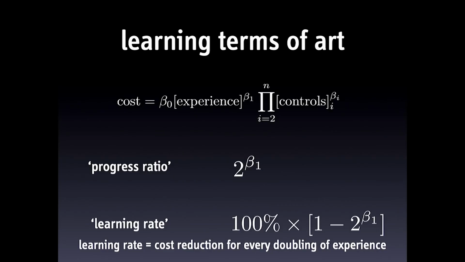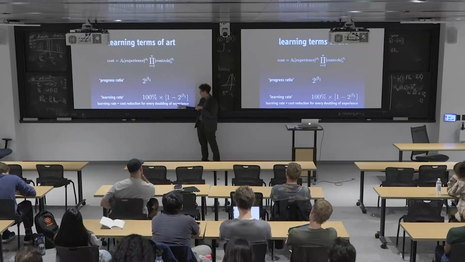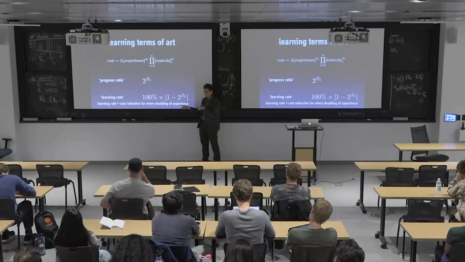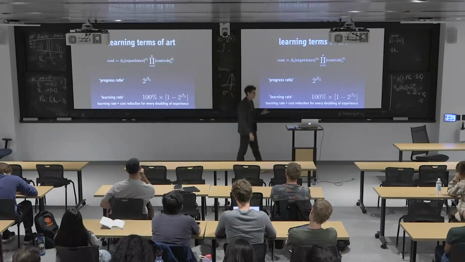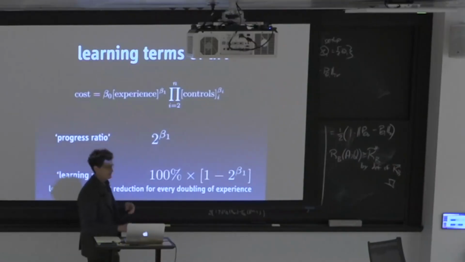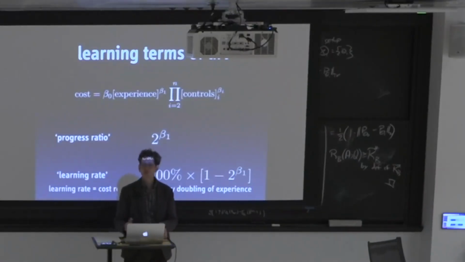The way to put this into words is the cost reduction in percent terms for every doubling of experience. That is the way we talk about it. If we double the number of reactors built, a beta of 0.2 means a 20% cost reduction for every doubling of the reactors built.